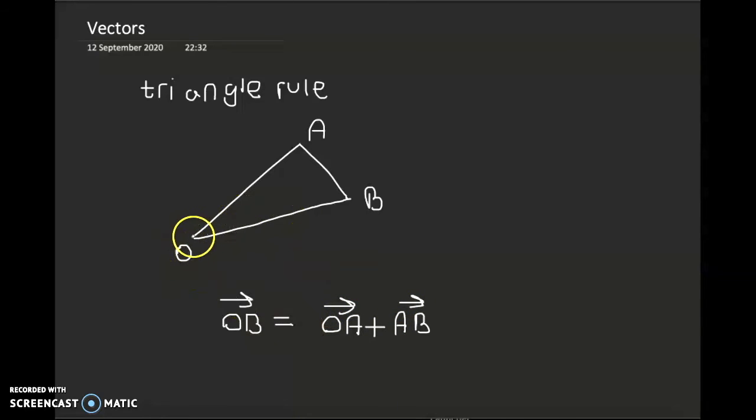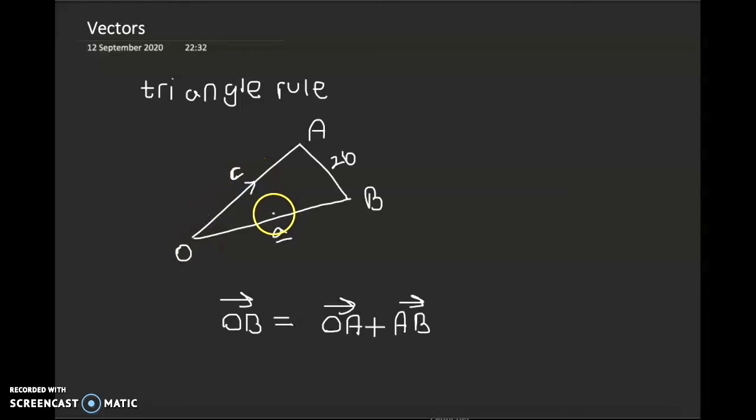As I said before, it's important to know the direction in which you're going, because obviously you can have a positive and a negative value if you're going in opposite directions. So let's say OA is equal to C, and let's say BA is equal to 2B.